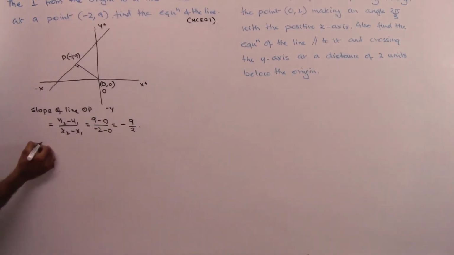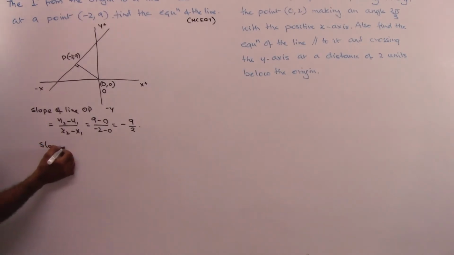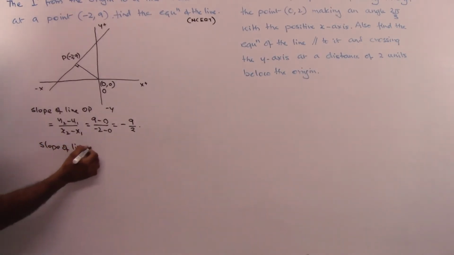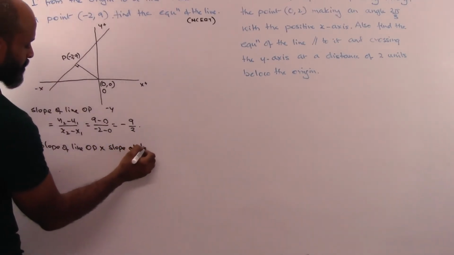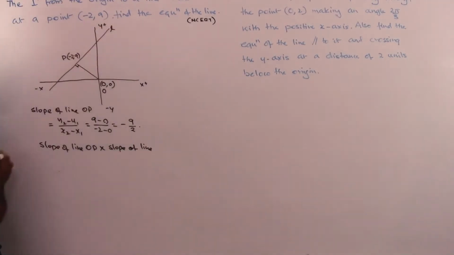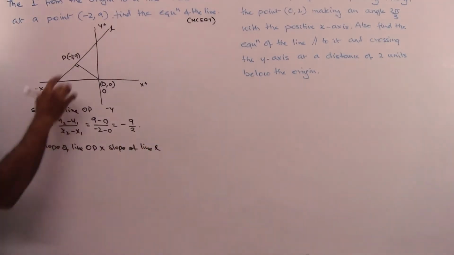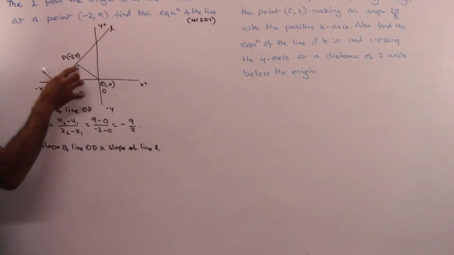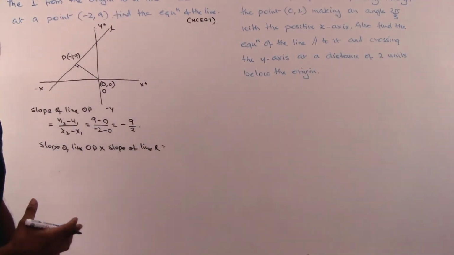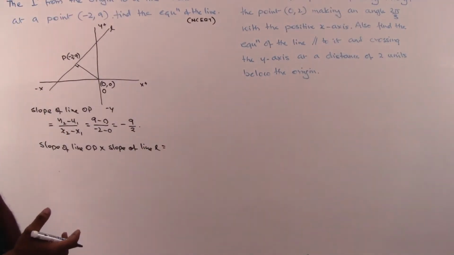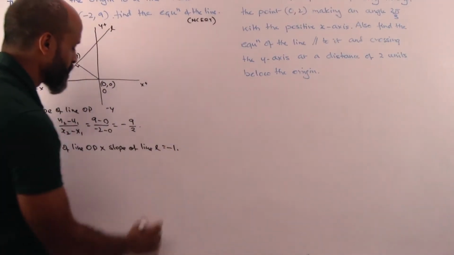Now the slope of line OP into the slope of line L, both are perpendicular lines, and we know that when we multiply the slopes of perpendicular lines, we get minus 1.